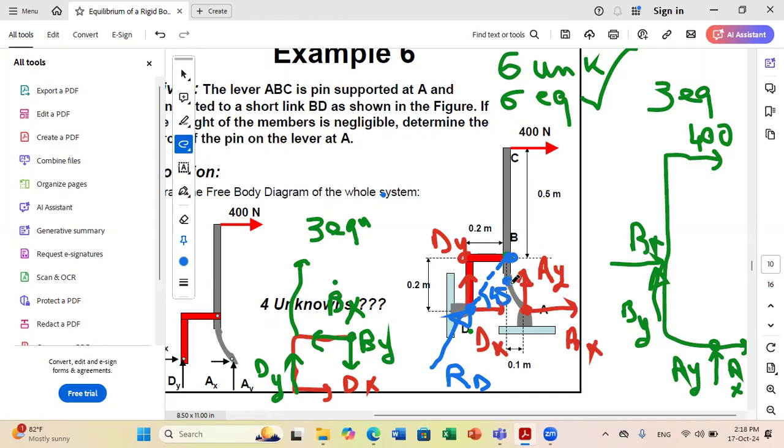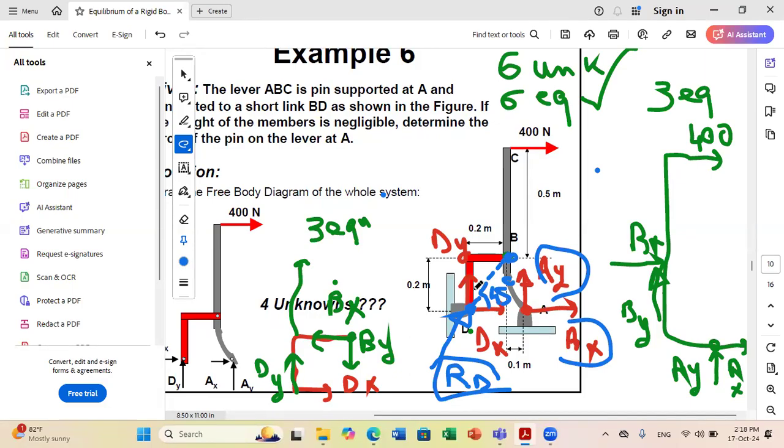And because I paid attention to this, if I consider now the whole structure, which is the combination of ABC plus BD, I have only three unknowns to deal with: RD, AX, and AY. So then no need to write additional equations. I put three equations, three unknowns, and I am done. So this is the importance of detecting the presence of two-force members, because when I know that this is a two-force member, I reduce the number of unknowns.